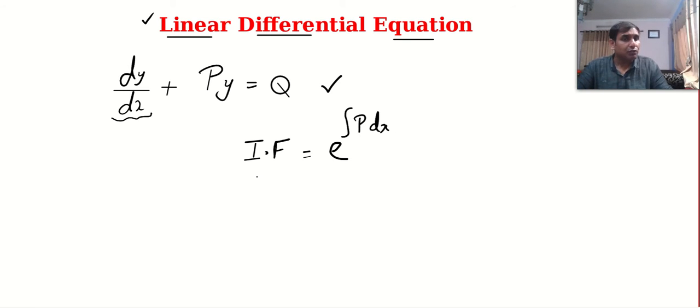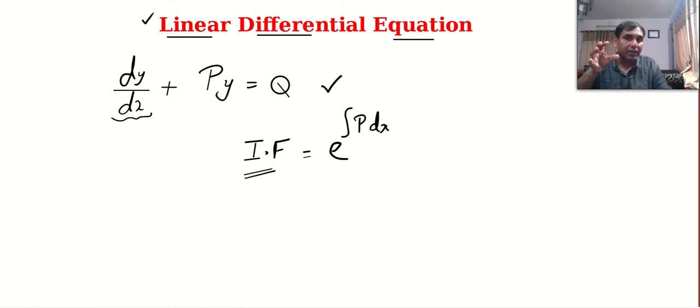Once you find the integrating factor, if you look at most of the very good quality books, they won't make you memorize a formula. They will multiply throughout by that factor.